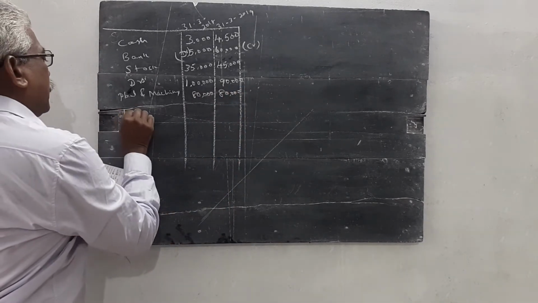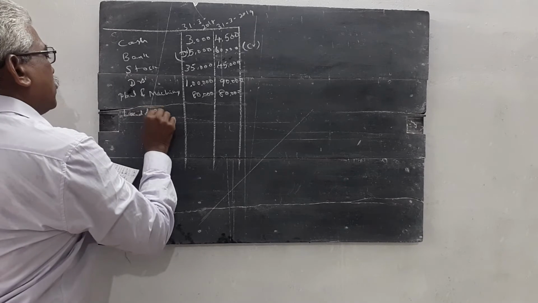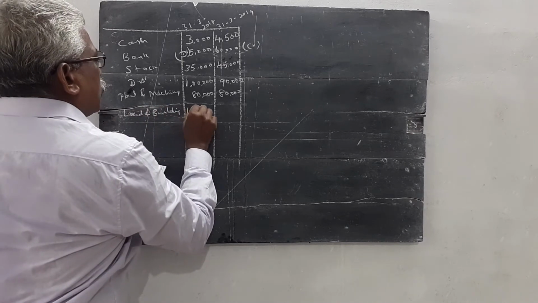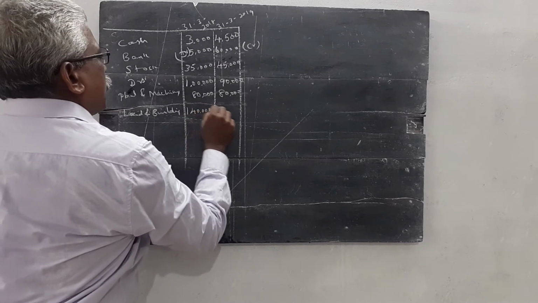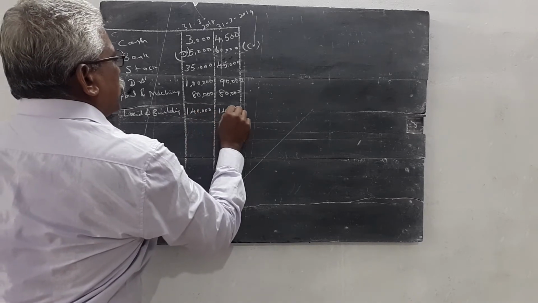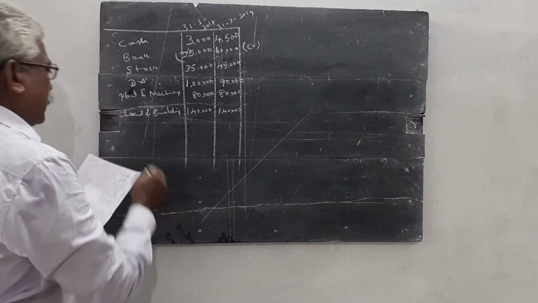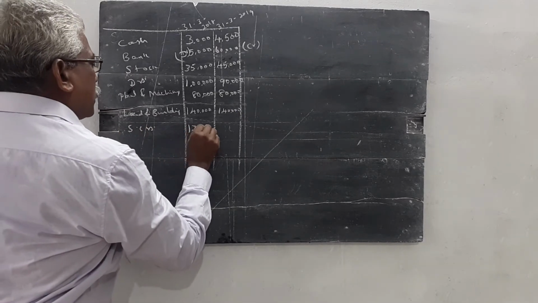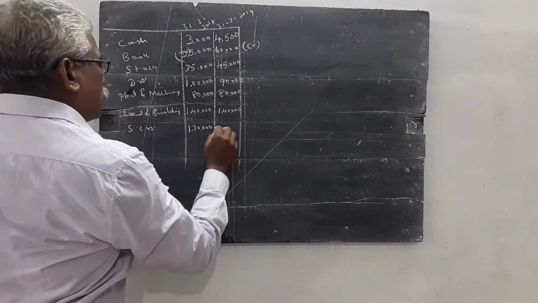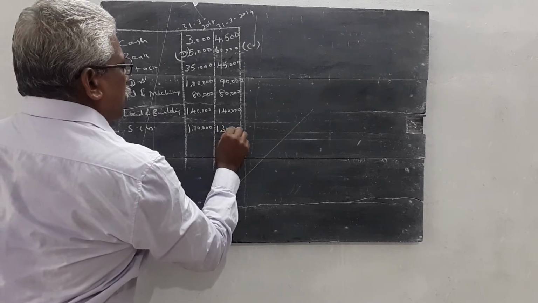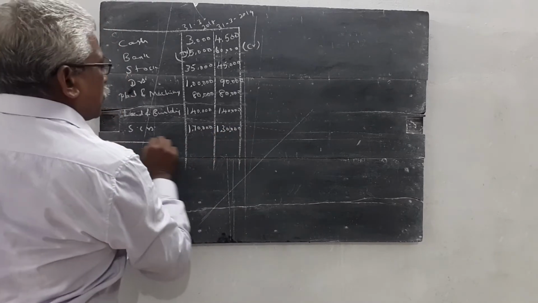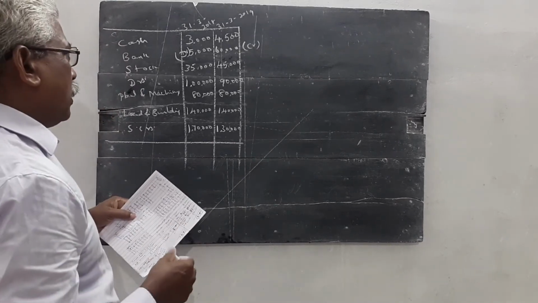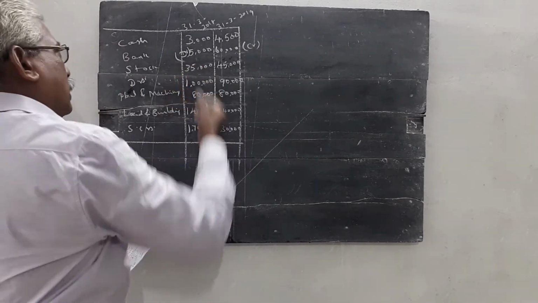Then land and building, 1,40,000, here also 1,40,000. Then sundry creditors, 1,70,000 and 1,30,000. This is all the information given in the question.